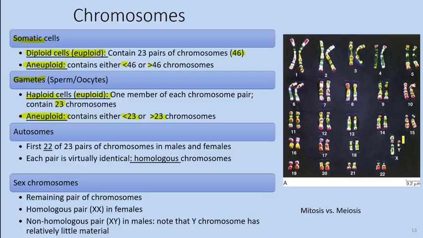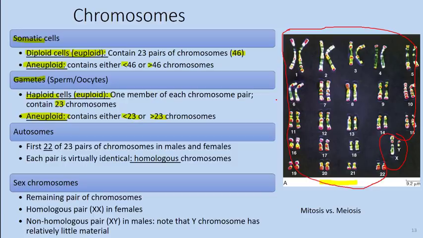A reminder that this image is showing you a karyotype. The first 22, all of these here, are autosomes, autosomal chromosomes, and they're present in both males and females. Then this final pair is the sex chromosomes, which vary depending on if you're male or female: XX for female, XY for male.